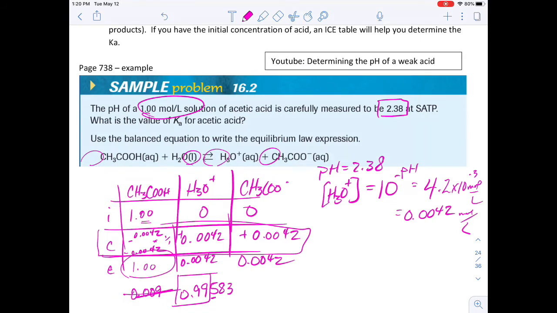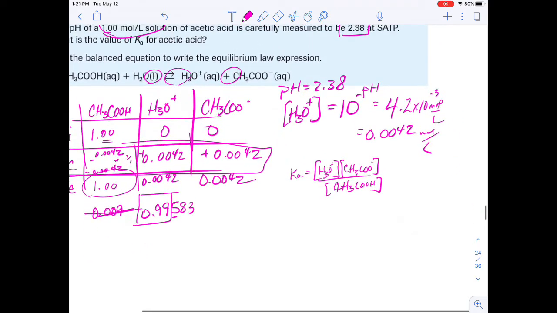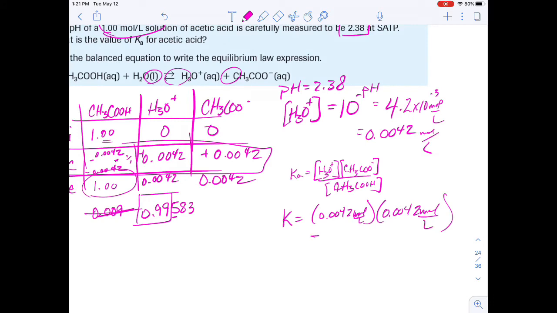So here I'm going to calculate my Ka equals the equilibrium concentration of hydronium times the anion, that's the conjugate base, divided by the acid, CH3COOH. My Ka will equal 0.0042 mole per liter times 0.0042 mole per liter divided by 1.00 mole per liter.